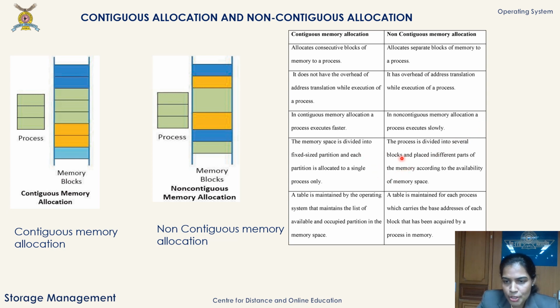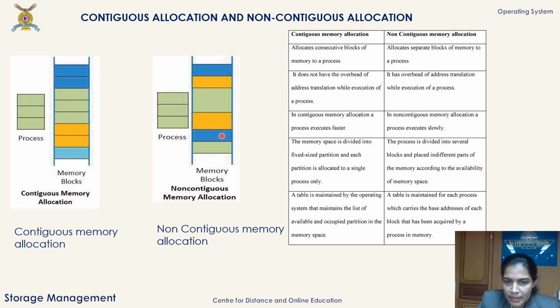Here in contiguous, the space is divided into fixed sized partitions. You can see here that the sizes of the partitions are all fixed. Here in non-contiguous, the process is divided into several blocks and they are placed into different parts of the memory according to the availability of memory space.